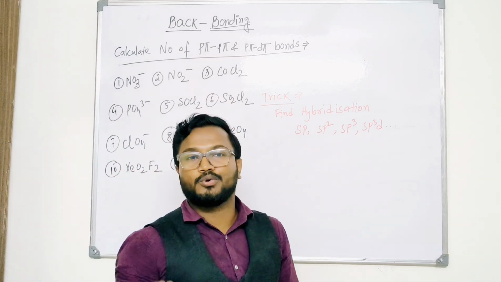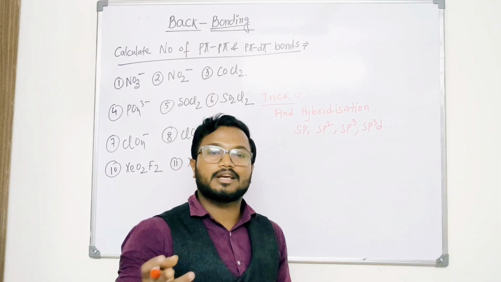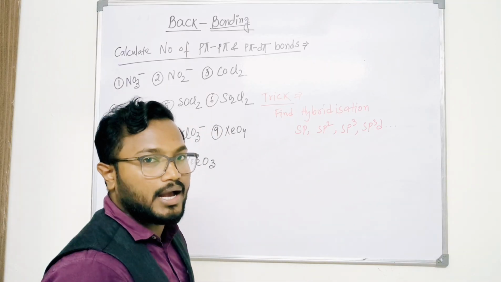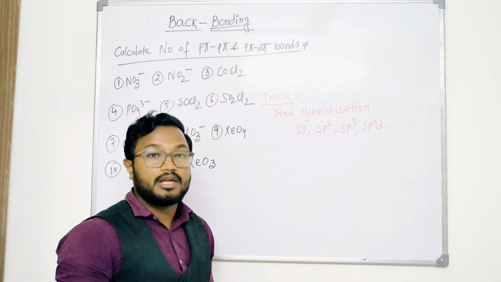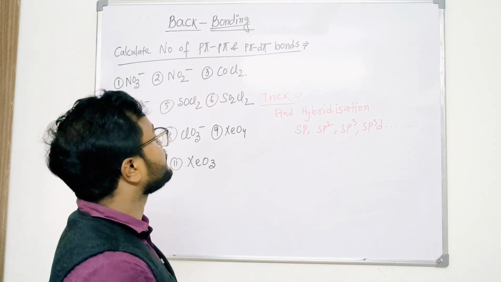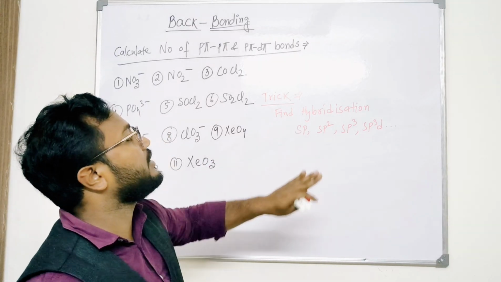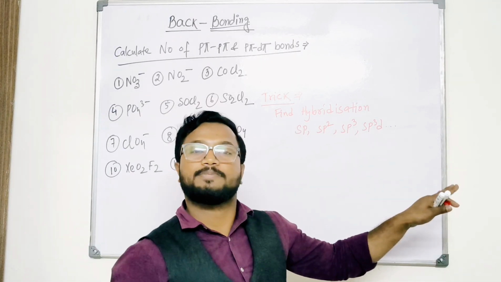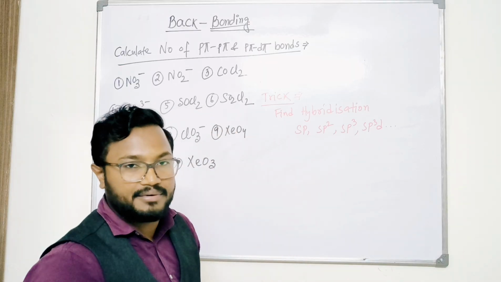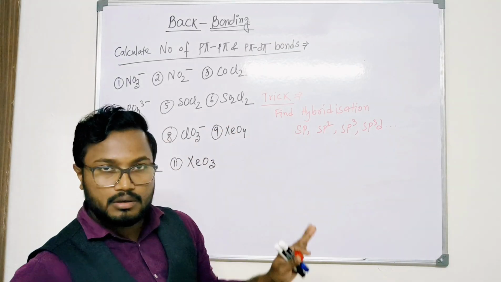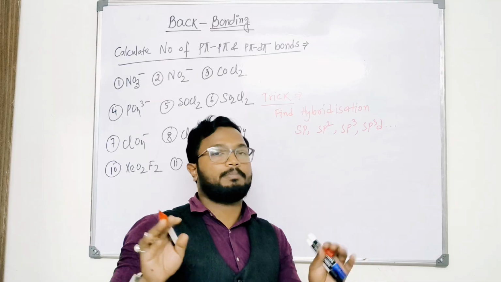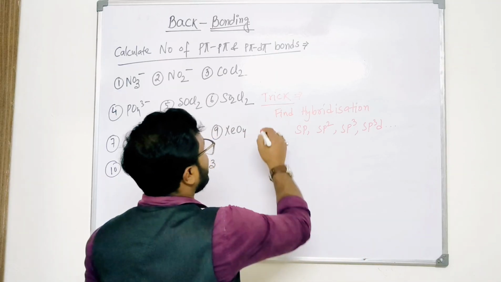Try to find out. If you couldn't solve it, ask me in the comment box or in my next lecture. I'll answer you. Why does PH3 not show any hybridization? In this case, find hybridization. It should be sp, sp2, sp3 or sp3d, meaning elements should have hybridization. Then we can say that, okay, it can show p pi or p pi d pi. This is the first logic.